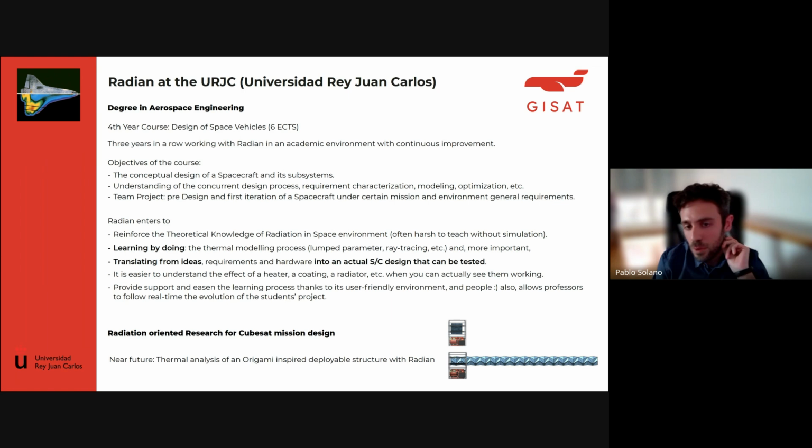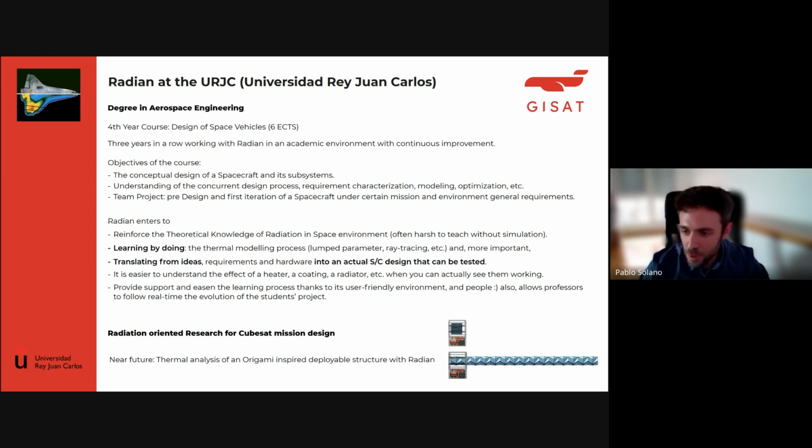So in the 4th year, when general subjects appear, like design of aircraft or design of space vehicles, in my case, you have to teach not only the application of a heat exchanger or a heater or a coating for a satellite, you have to also teach how heat works. And in particular, if we go for the space environment, heat and radiation is quite complex.